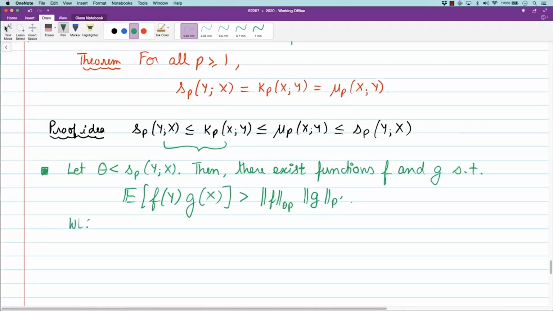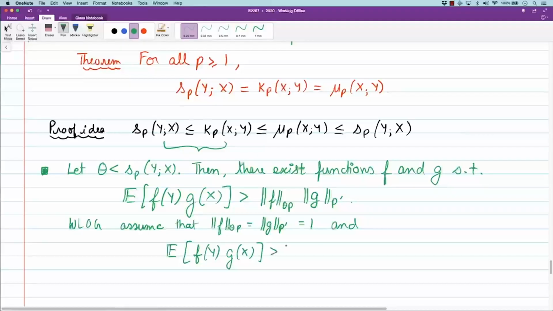So, without loss of generality, assume that this norm equals 1, and in this case the expected value of f(Y)g(X) must exceed 1. This will show up as a constant in our calculation. We'll define it as c.